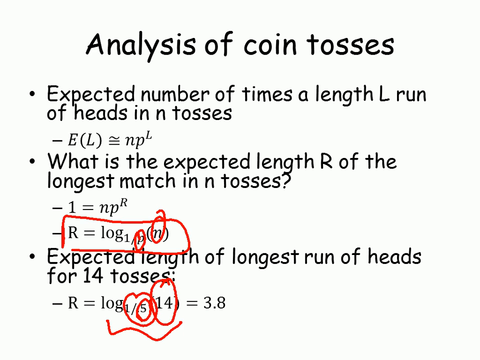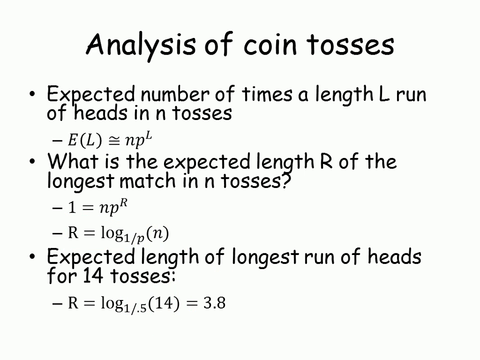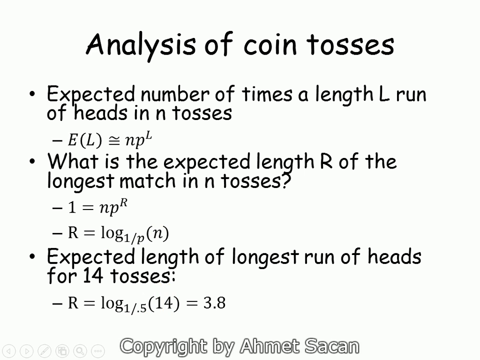So this is just going to be log base 2 of 14, that's 3.8. Okay. So because of my approximation here, I'm introducing a large error. If you want to find the exact value, you would have to use 10 instead of 14 in this example.